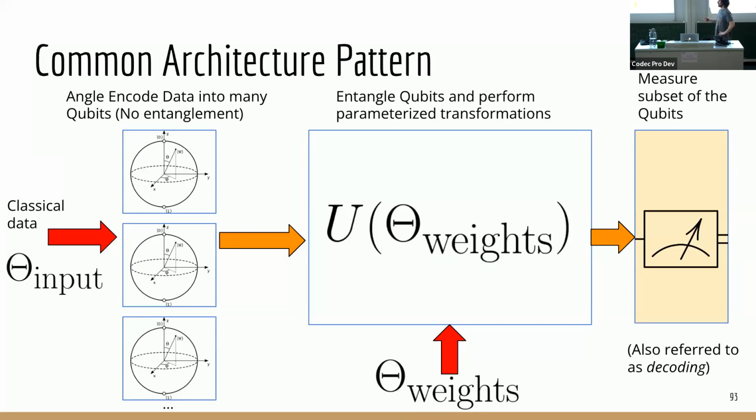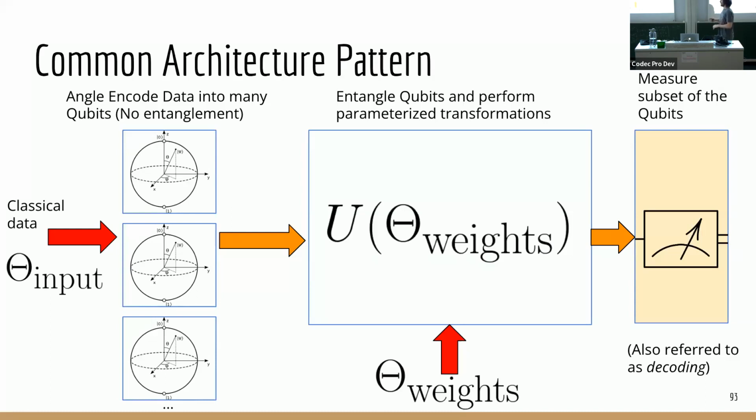What this means is that they will start with a default qubit state with no entanglement, and they will take two pieces of classical data and use these to move the first qubit around to some point on the Bloch sphere. And then for the next two pieces of classical data, they will parameterize where the second qubit goes on its own respective Bloch sphere, and so on until we have encoded everything.